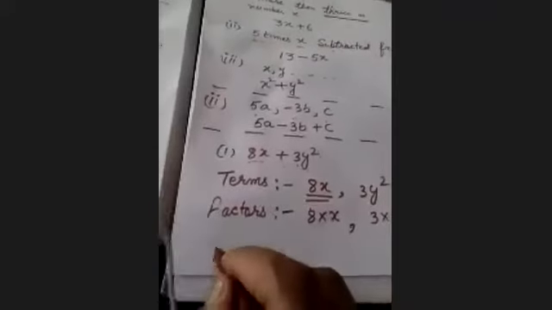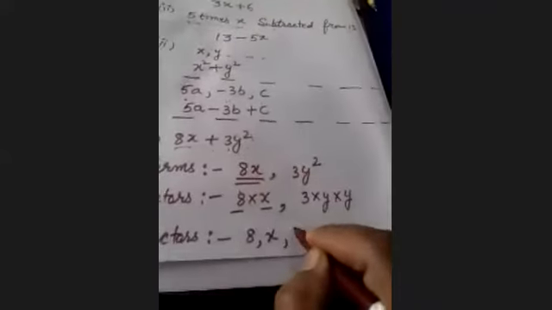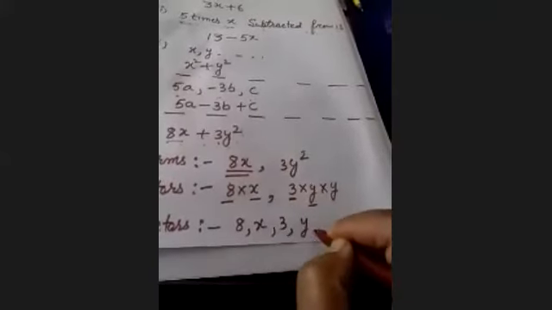So factors are 8, x, 3, y and y. So these are two terms, and there are five factors.